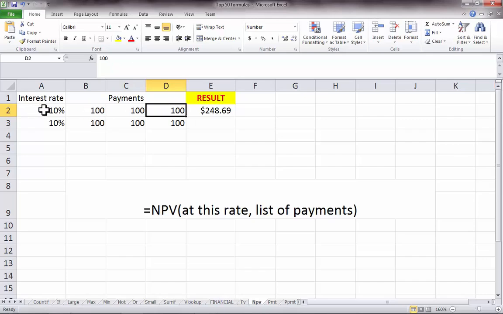And given the interest rate of 10%, what is the total value at this time, more like today? Because of course, $100 in the future would be worth less as compared to $100 we have right now, because of the time value of money.